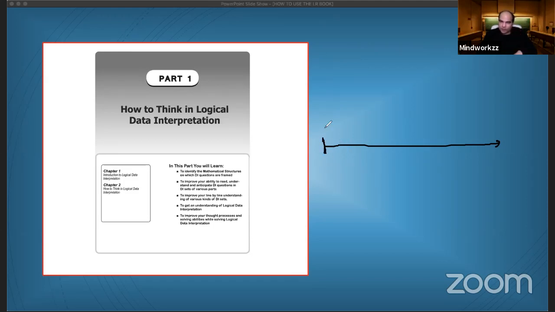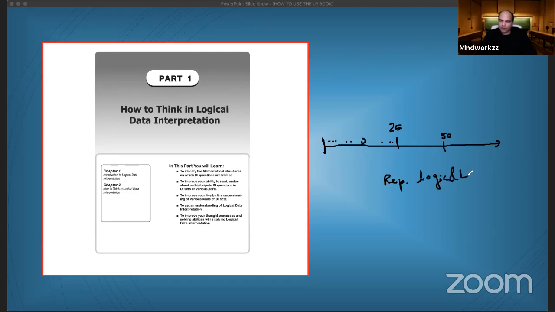So the x-axis of exposure on logical DI essentially moves this way only. As you keep gaining more and more experience, in the first 10-20 sets every set will look new to you. But by the time you're on the 25th set or the 50th set, you start realizing that there is repetitive logic and language even in logical DI.